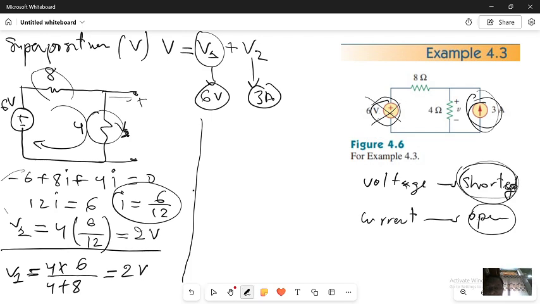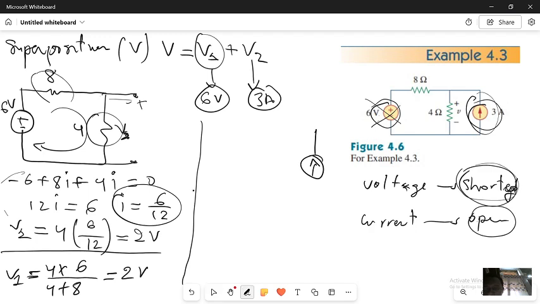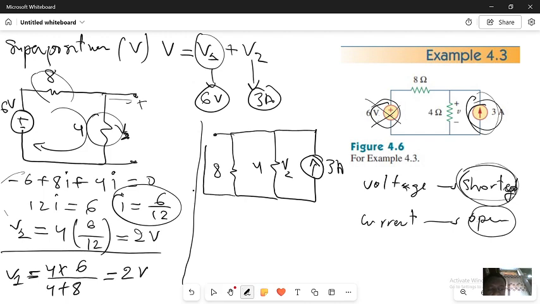So I will have my current source, which is 3 ampere, the 4 ohm, and another 8 ohm resistor. Here the voltage source is going to be shorted.